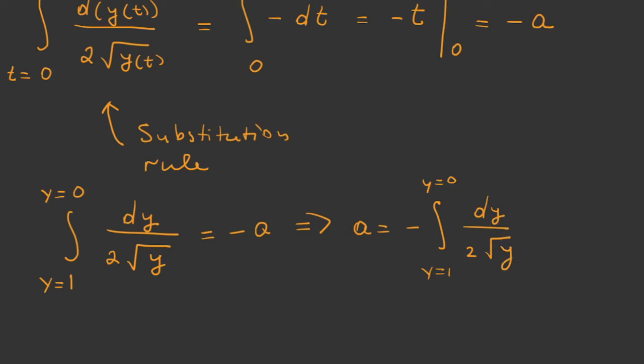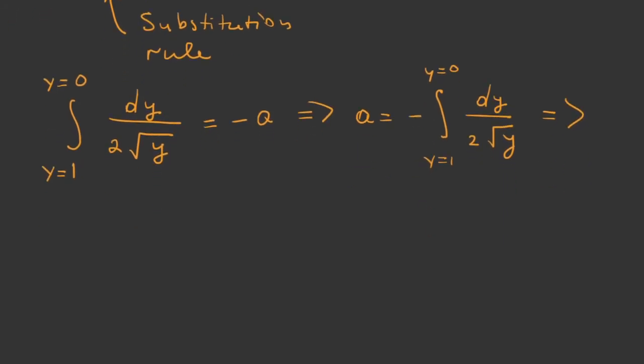Okay, so next, note that the negative sign in front of the integral can be absorbed into the integral. We can simply switch the limits of integration and remove the negative sign. And so I can write that a equals the integral from 0 to 1 of dy over 2 times square root of y.